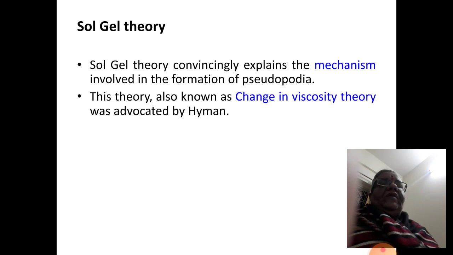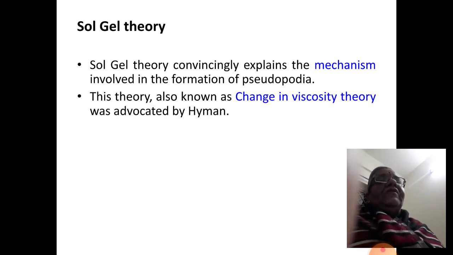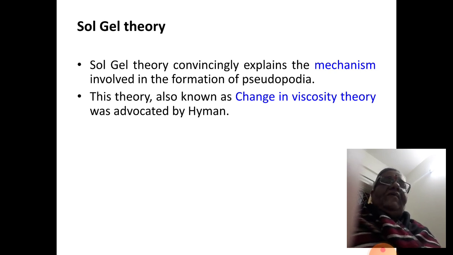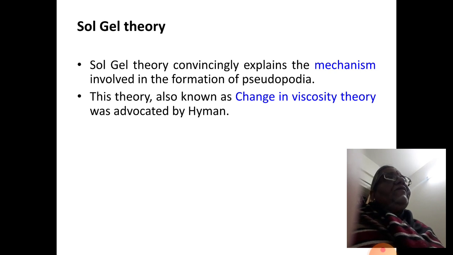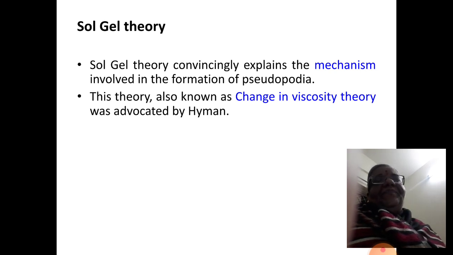This theory is also known as change in viscosity theory, which was advocated by Hyman. I have already told you. So, sol gel theory is also called change in viscosity theory. So, question may be asked by any of these two headings.